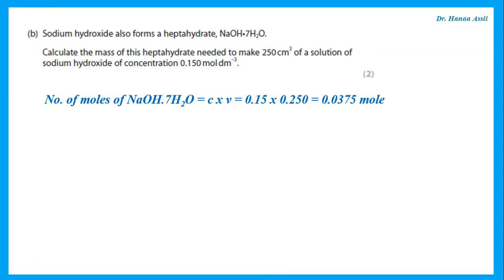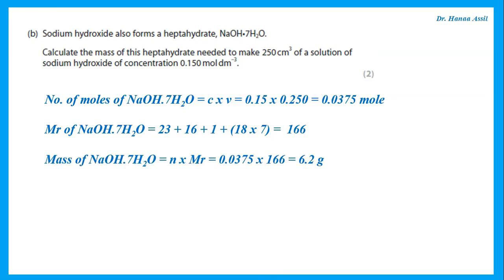Of course, the volume, please do not forget to divide by 1000. So this is the number of moles. He wants mass, so I can use the MR of the hydrated salt. The MR comes out to 166, and the mass would be number of moles times MR, so that means I need 6.2 grams.